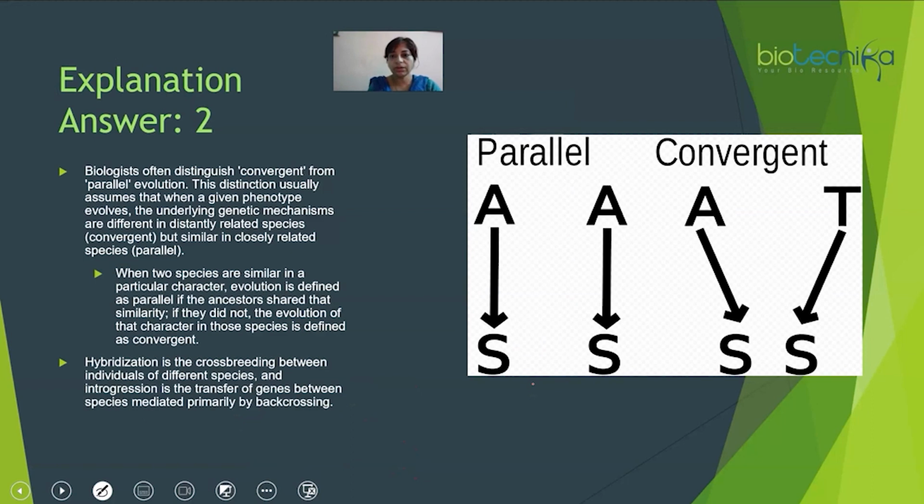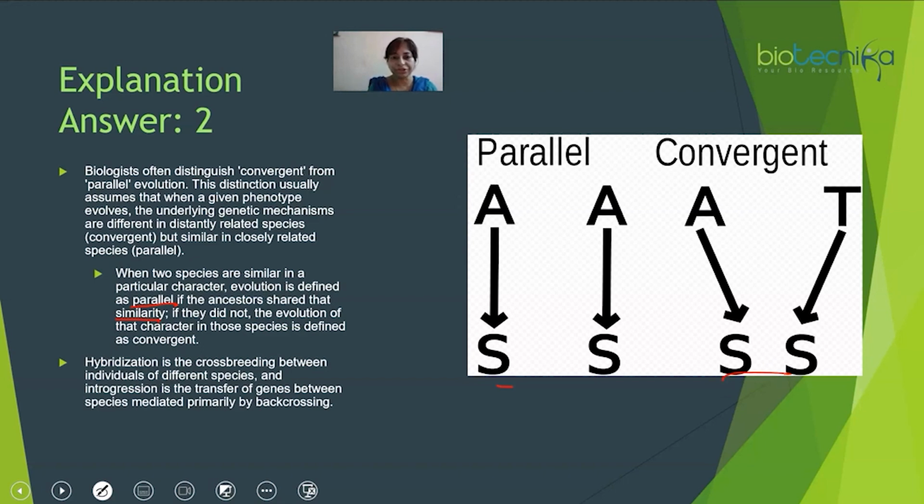So this is what I was meaning. In parallelism, when two species are similar in a particular character, evolution is defined as parallel if the ancestors shared the similarity, and on the basis of that similar character the newly developed characters evolved. In convergent evolution, the ancestors don't have the similarity, but the descendants have developed the similar character.